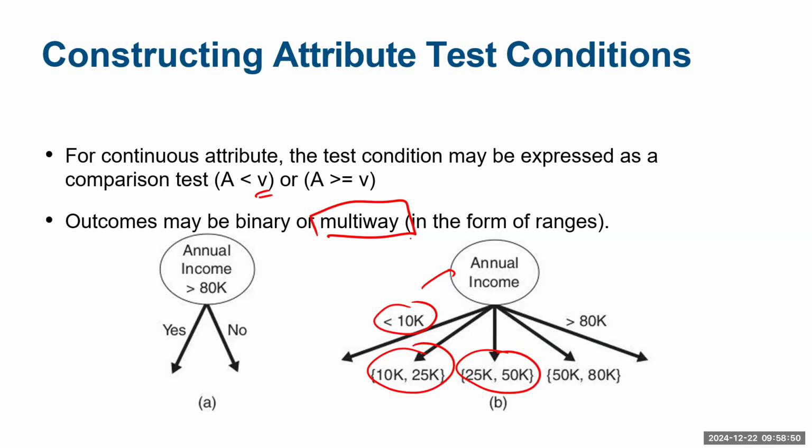Now, in most algorithms, you would prefer the left one. Basically, everything should be binary because it's more compact.